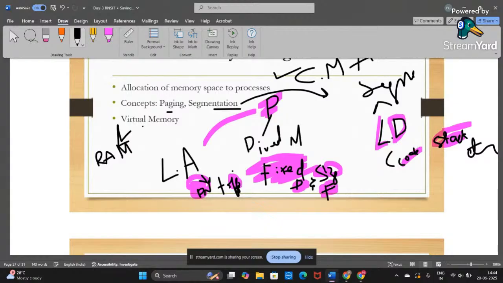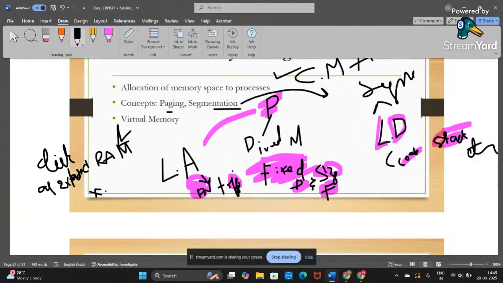It also uses demand paging and page replacement algorithms, like FIFO.